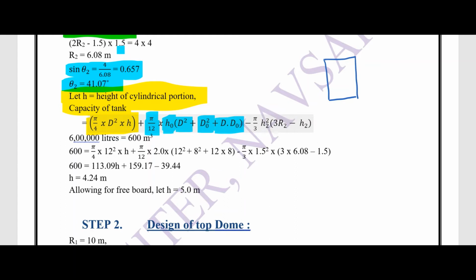What is this? This is the volume of the conical dome, right?